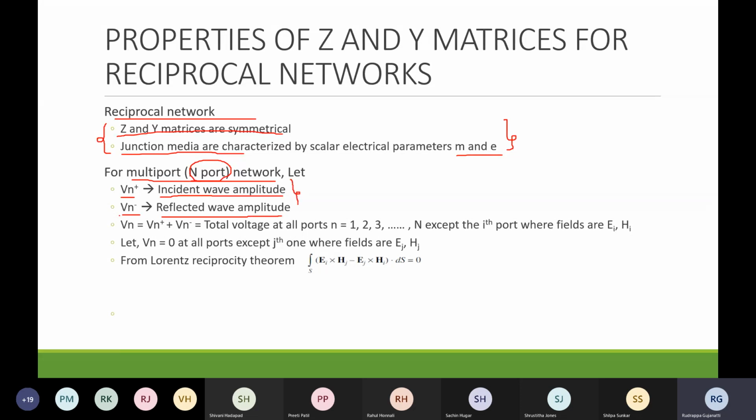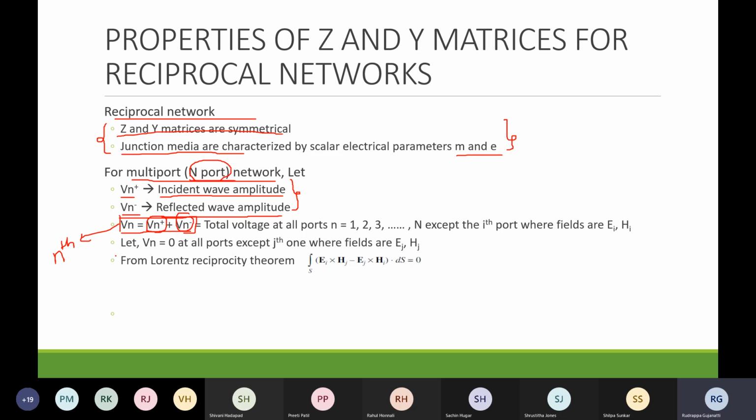If I take the summation of these two, I'll be getting the overall total voltage, and this is the voltage at port n. So at the nth port, the total voltage is given by the summation of the incident voltage and the reflected voltage. These are the incident and reflected wave amplitudes we are considering.